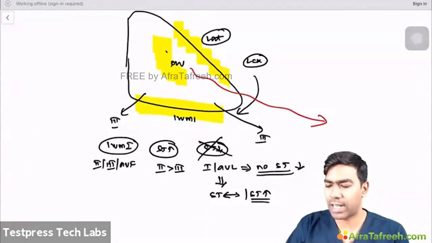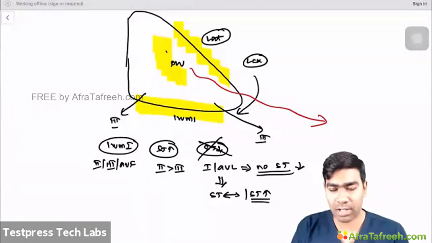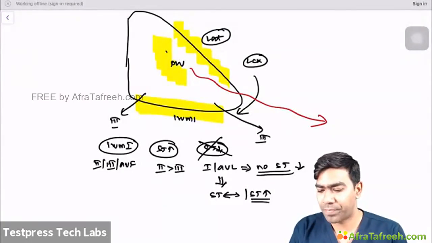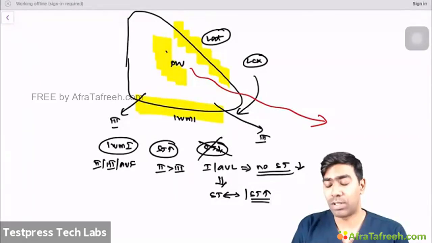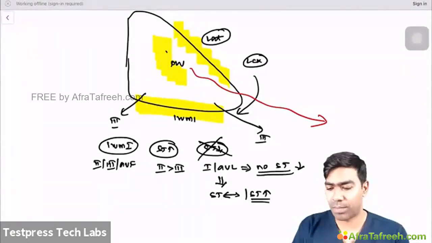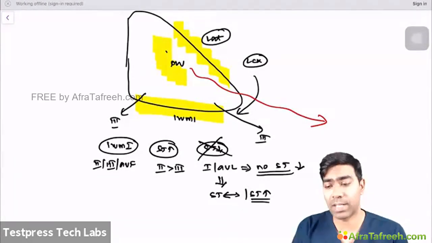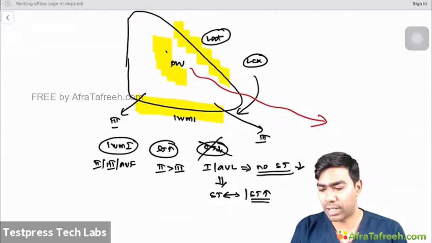What you get in RCA involvement is ST depression in aVL and 1, where aVL depression will be more than 1, whereas in this kind of left circumflex related inferior MI, there will be no ST depression in 1 and aVL. In fact, there will be ST elevation or an isoelectric ST segment.